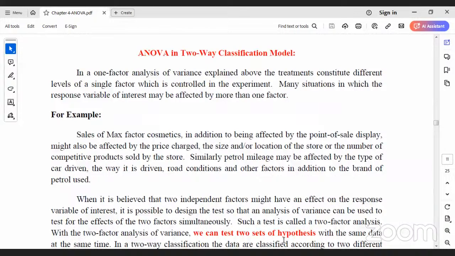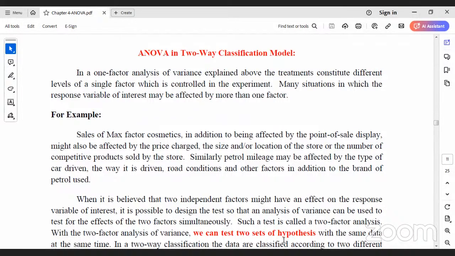Then similarly, petrol mileage may be affected by the type of car driven, the way it is driven, road conditions, and other factors in addition to the brand of petrol used. See, how many types of petroleum companies are there? Anybody?